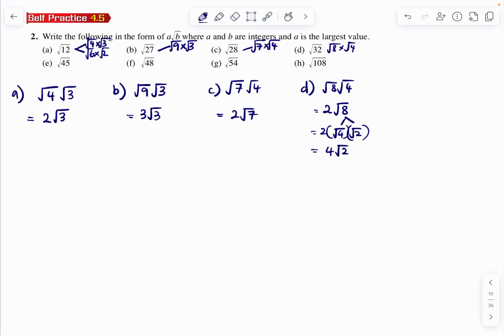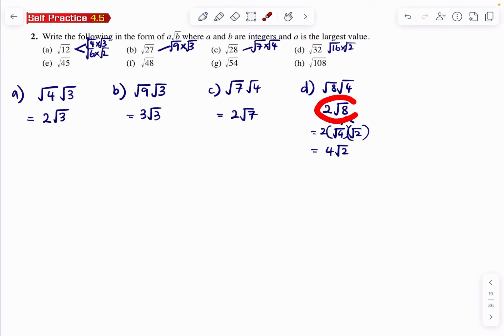Okay. So maybe we can look at it like this. Instead of taking 8 and 4, we can take 16 by 2. So root 16 is 4 and root 2 is just root 2. That's why they purposely say A must be the largest value.